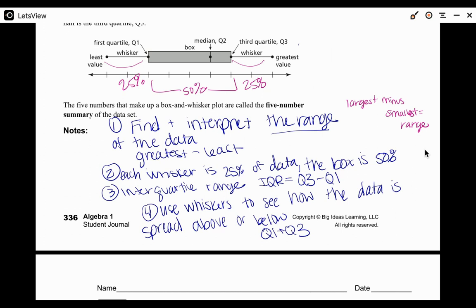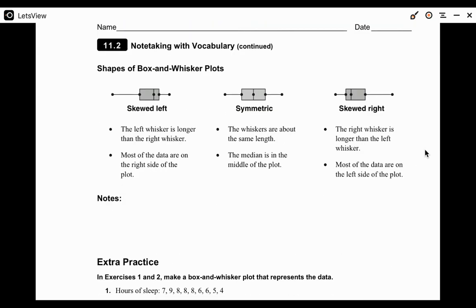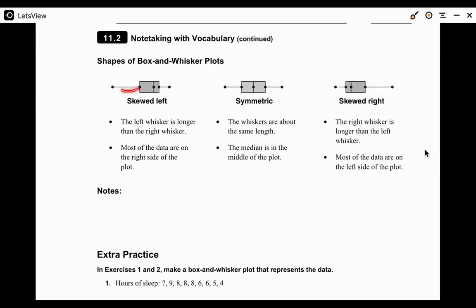Number 4, we want to use your whiskers to see how the data is spread apart or below. So in this picture, our 2 whiskers are spread evenly. So our data on each side, above and below, is spread equally. If it's skewed left, that means your whisker is longer on the left, and most of your data is on the right side of the plot.